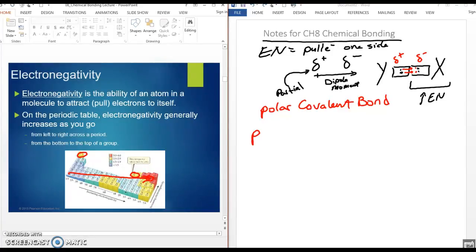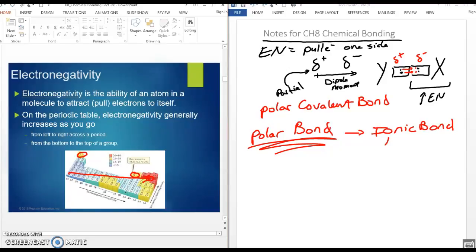A completely polar bond is another way we can talk about an ionic bond. Ionic bond, usually between a metal plus a nonmetal. Based on the periodic table, we know the nonmetals have a higher electronegativity, so it's going to pull more electrons over here.